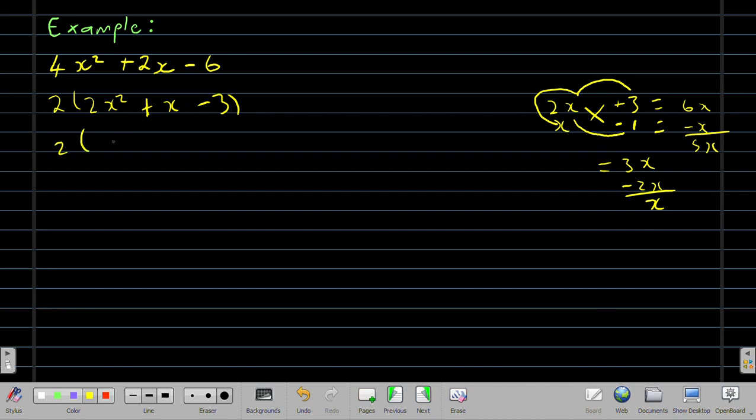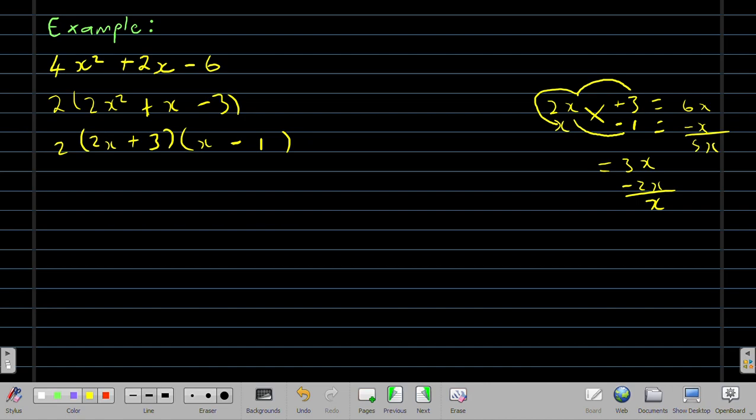So for our final answer, we're going to have 2x here. Since 2x is multiplied with -1, the -1 has to be in the opposite bracket. And since x is multiplied with positive 3, the 3 has to be in this bracket. And there we have it factorized.